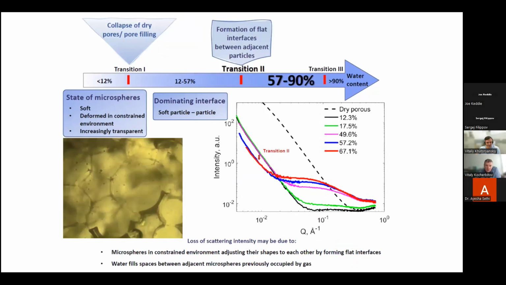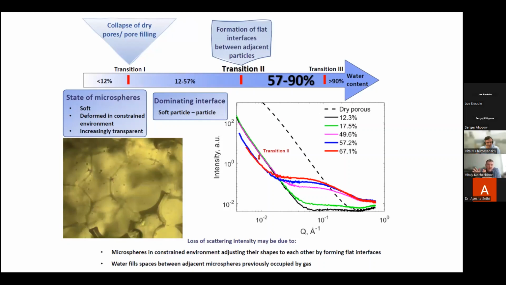Then we have one more transition, which also decreases intensity further here, and we believe that this happens when the particles come closer to each other and eliminate the interface between the particle and the surrounding, for example, humid air.